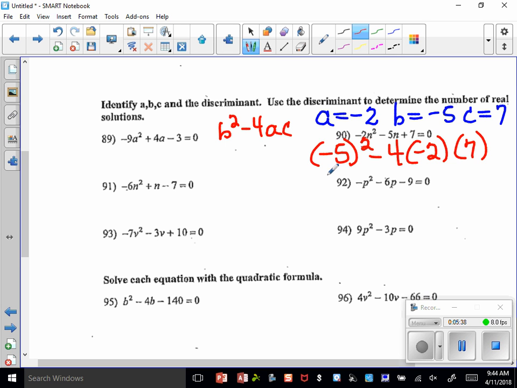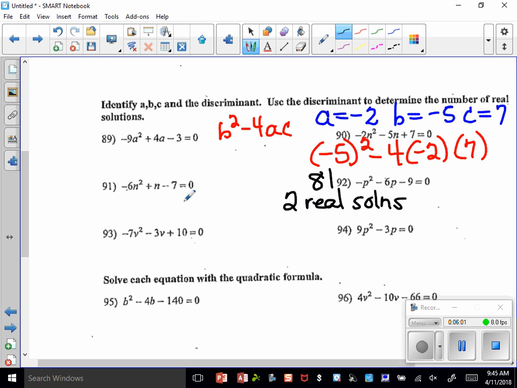Type that in, see what you get, and let me know what you have as an answer. Anybody? 81, so that's a positive answer. So I have 2 real solutions. You don't need to determine what they are, you're just determining how many you would have.